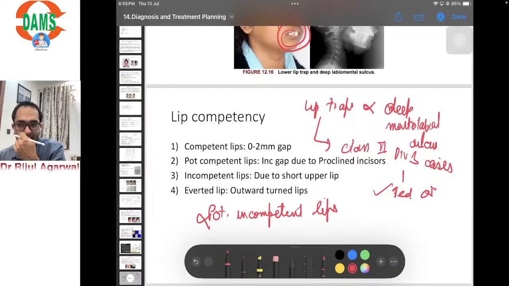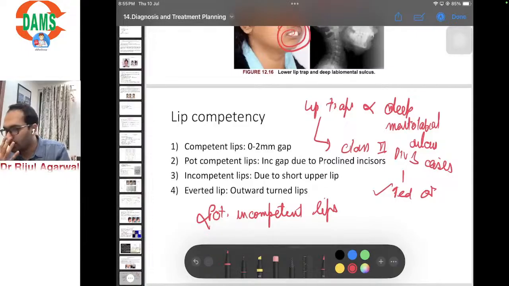So in compensated cases lower incisors are sometimes proclined. So overjet is not that much, but still that's a class 2 div 1 case only. So in those cases lip trap is often not present. So lip trap is present in class 2 div 1 cases, but lip trap does not mean that it will always lead to deep mentolabial sulcus. It may or may not lead to deep mentolabial sulcus because of eversion of the lower lip.